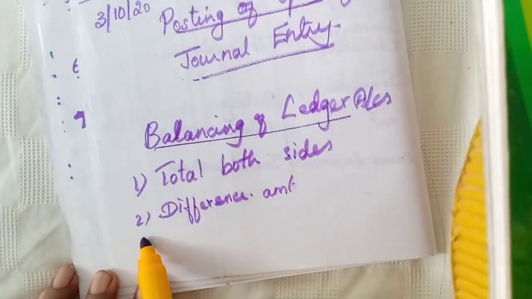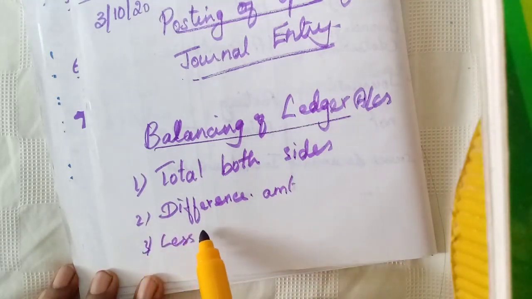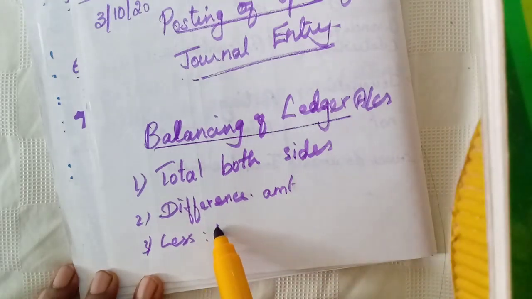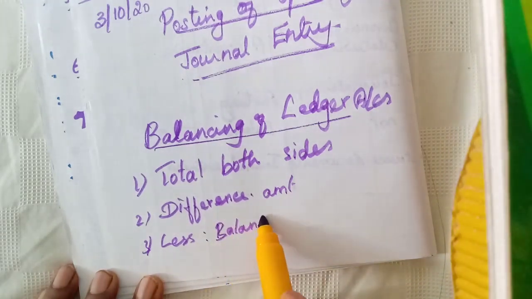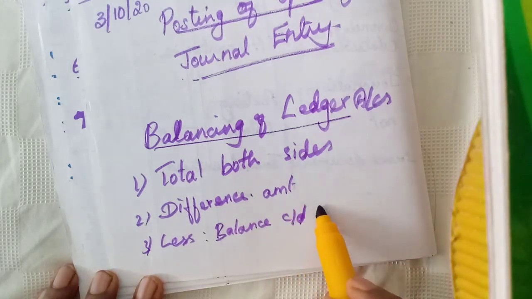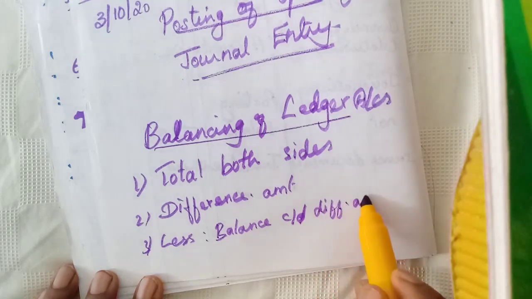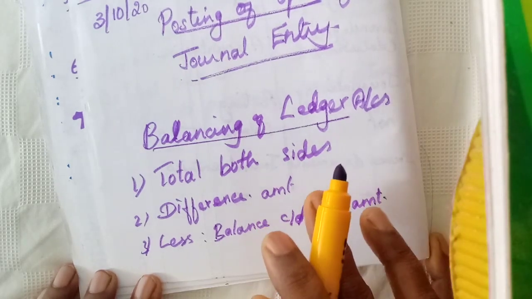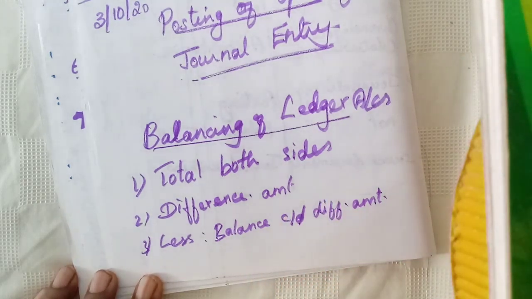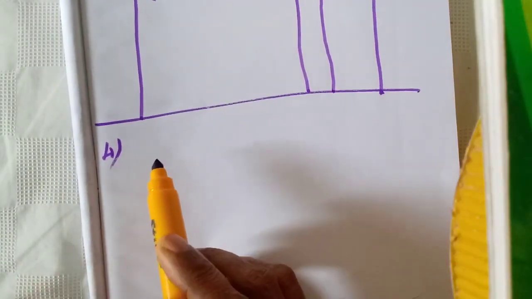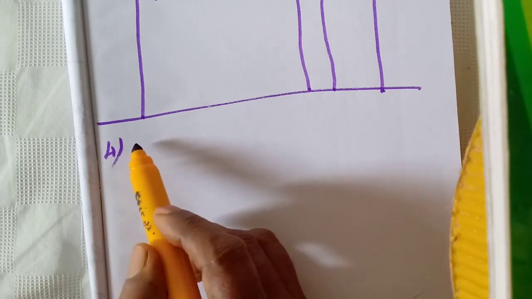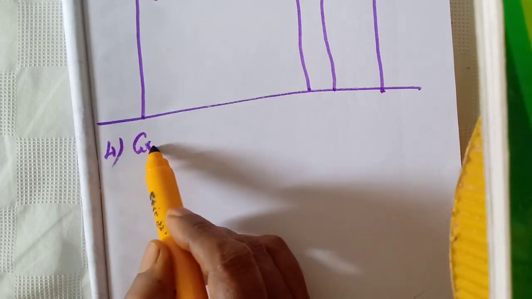Okay. Then in the less amount side, we should write balance carried down. The difference amount you have to write. After writing balance carried down, we have to write the greater total in the total amount.